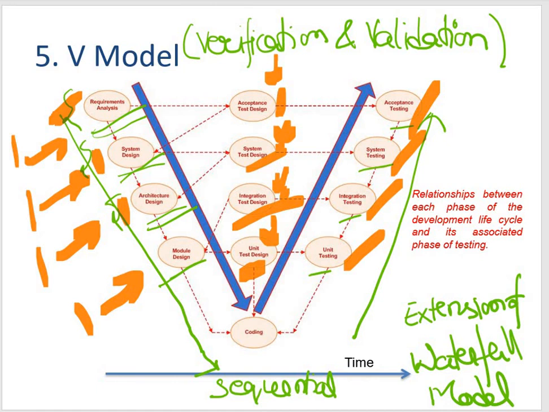When we were talking about system design, the team was sitting for system test design. Architecture for integration, then we had system and test design, and then for module design, we had integration and test design. Plus, we know that modules are ready, so I'll go ahead with unit test design as well.